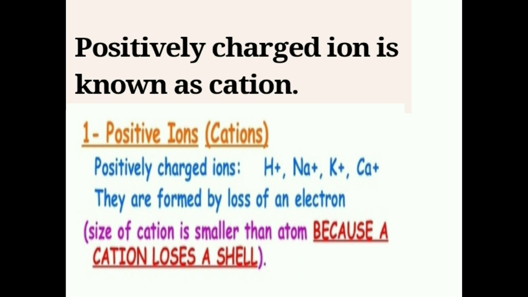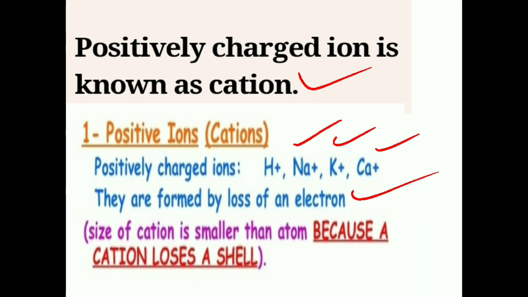Positively charged ions are known as cations. Positively charged ions are the sodium ion, potassium ion, calcium ion. They are formed by loss of an electron, when an atom loses an electron or more than one electron.